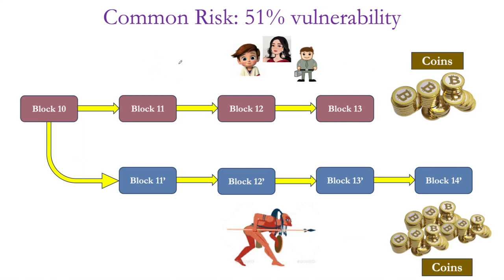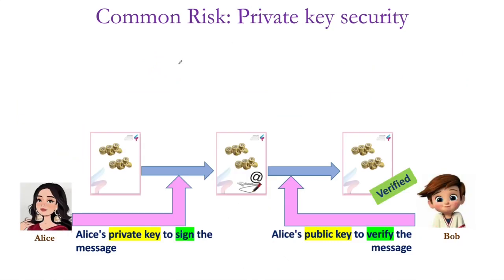So this is a common risk in the blockchain. There is a lot of research work going on into how to find a solution for this 51% vulnerability. Another common risk factor is your private key.